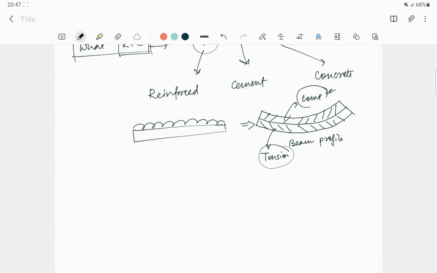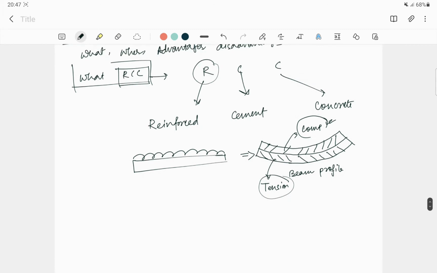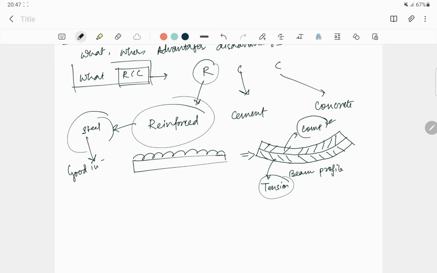So what scientists did is reinforce it with steel bars, which are good in tension.